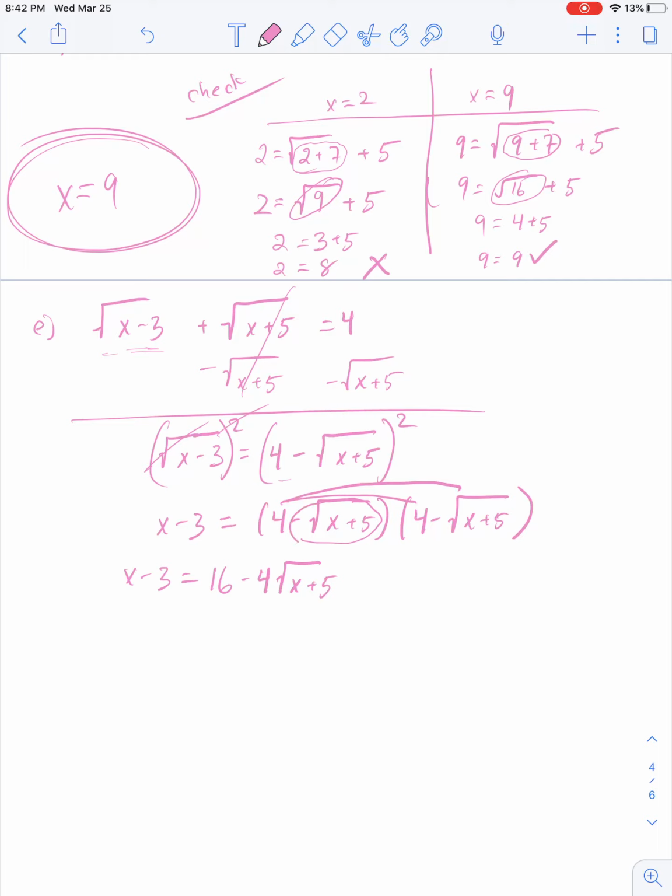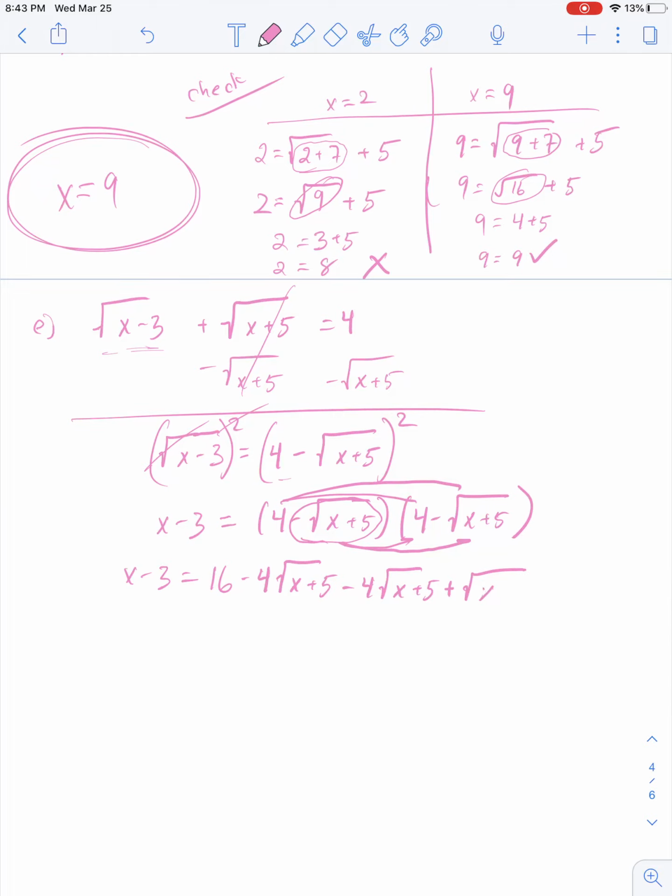And now we have this one that we're going to distribute, there is also a minus 4 square root of x plus 5. And now we do both of those, negative and negative makes it a positive, right, square root of x plus 5. And we have two of them, right? So it's to the power of 2.